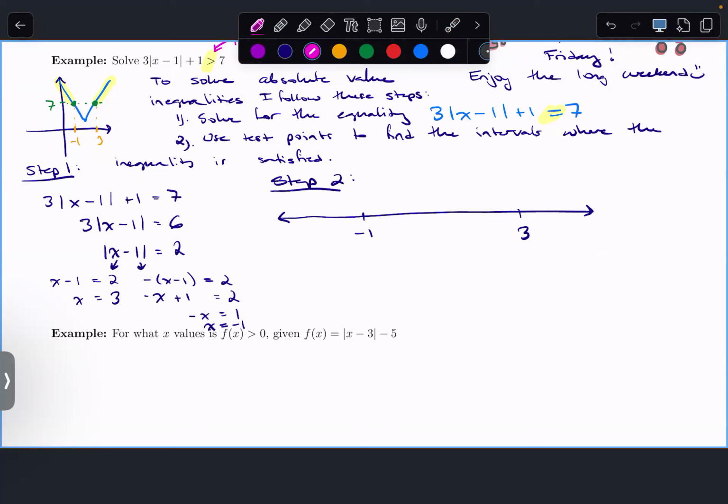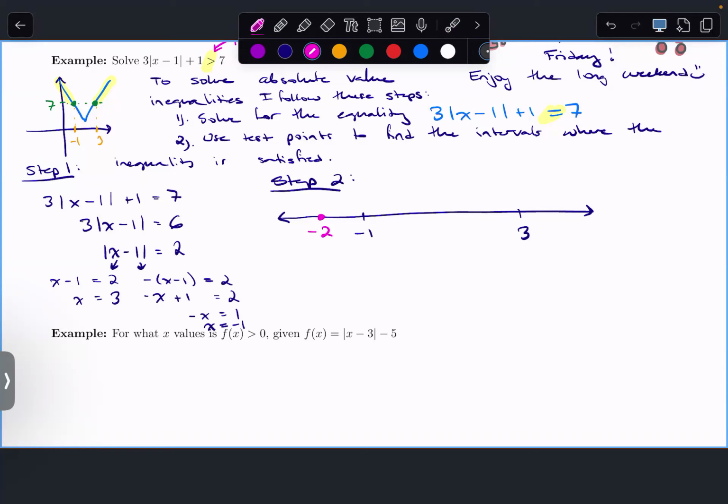So test points. So use test points to find the intervals where the inequality is satisfied. Anything less than -1 is going to work. I encourage you to pick kind of easy values of x. For example, what if I did, I don't know, -2?